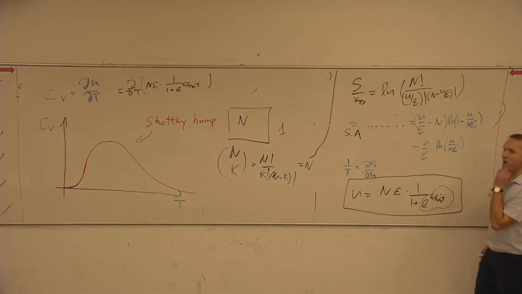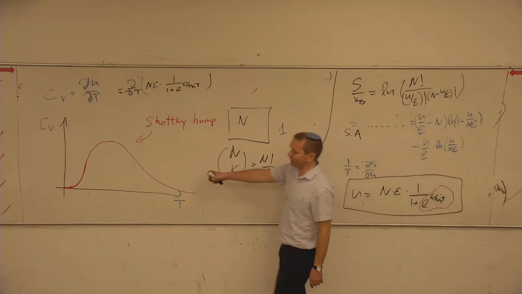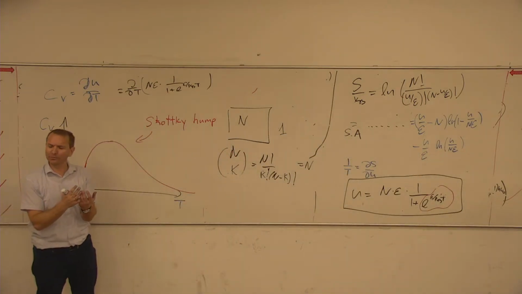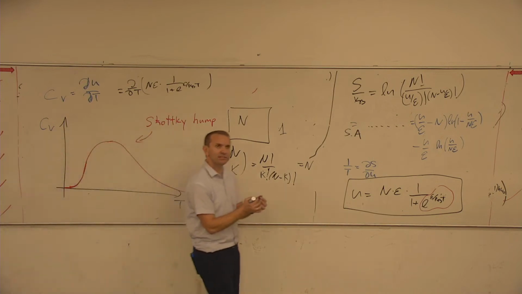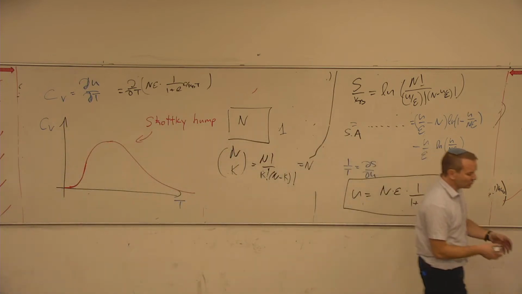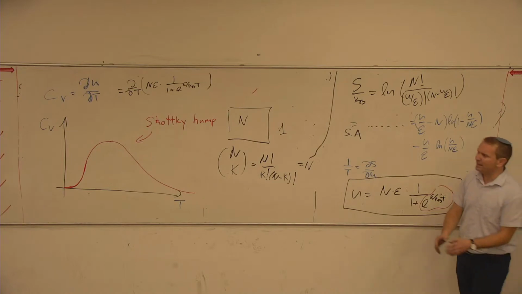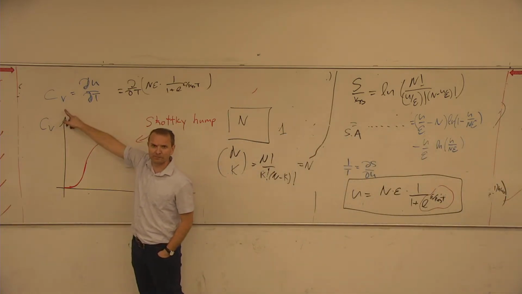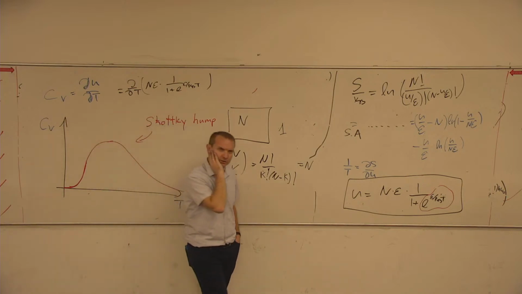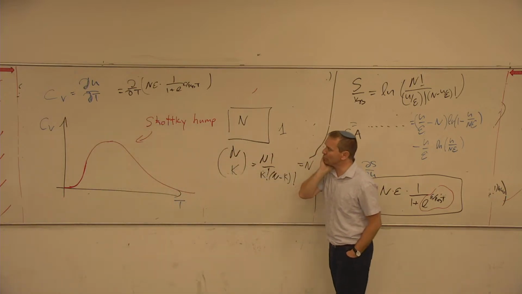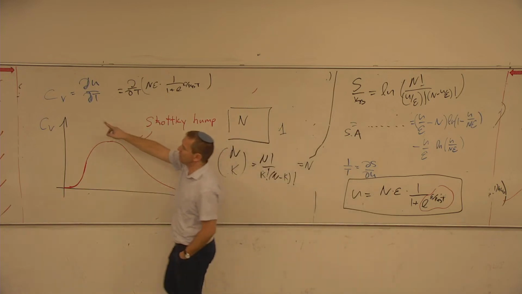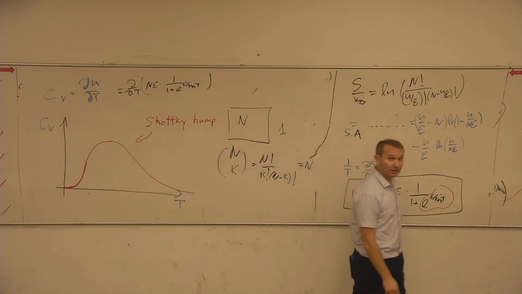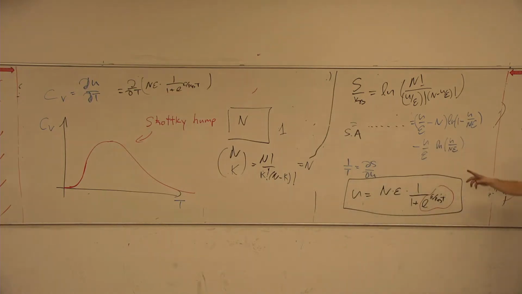Okay? So what happens over here? Now, why is it important? I can observe different behaviors of the system, and I can learn something about what's going on inside. The measurement of the specific heat is a macroscopical measurement, but by looking at the behavior of the specific heat, I can learn something about the microscopical behavior. So what do I have over here?